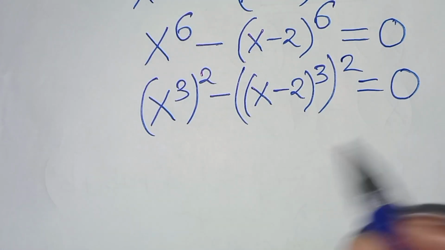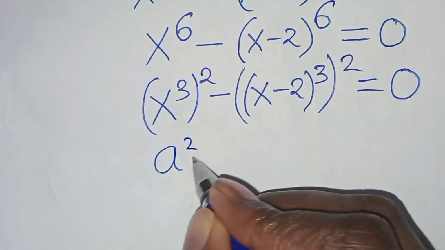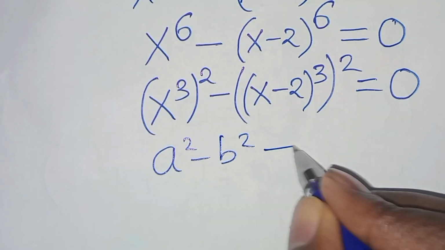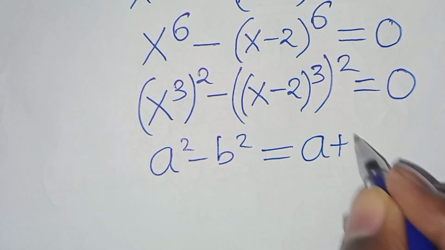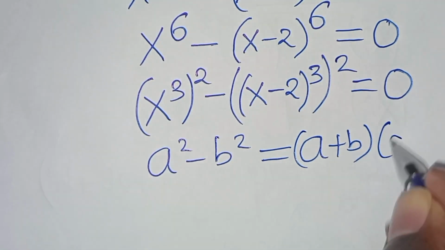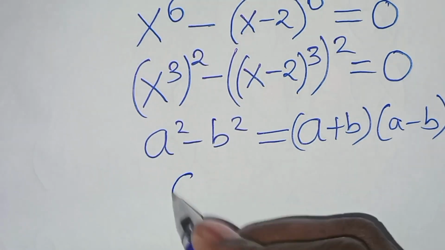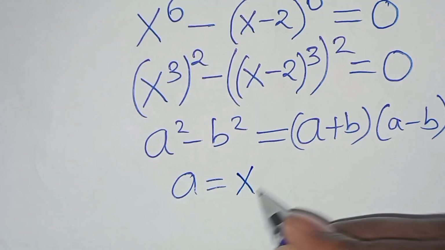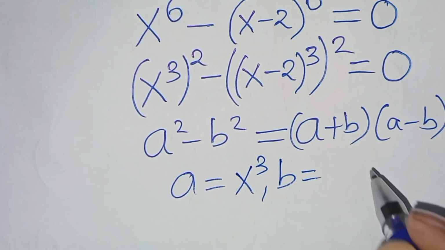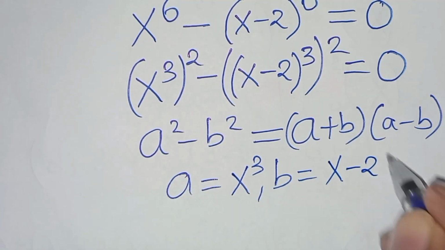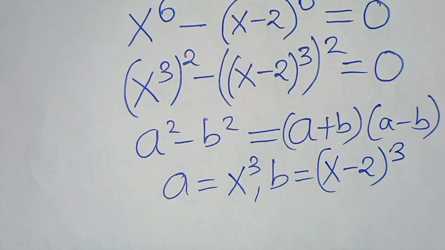Now, this equation is in the form of a squared minus b squared, which we can express as (a plus b)(a minus b). Here, a is equal to x to the power 3 and b is equal to (x minus 2) to the power 3.